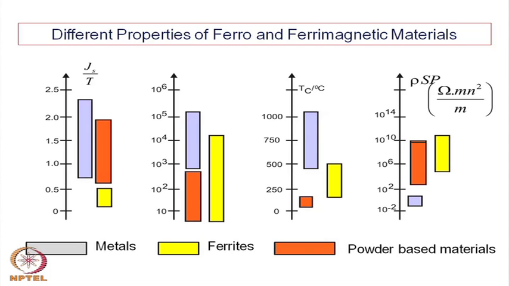Now, one also has to understand that ferrites are mixed oxides and they contain transition metal oxides. So, they have a variable valency. Therefore, any variable valency oxide has the property of semiconductivity because of the variable valency and because of the hopping mechanism of conduction and so on.